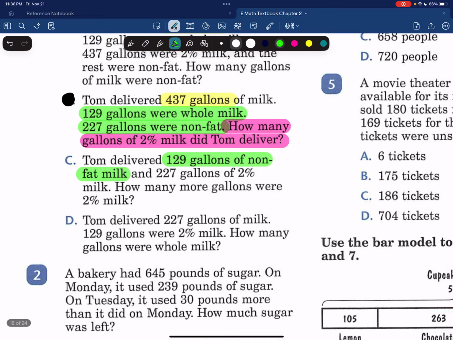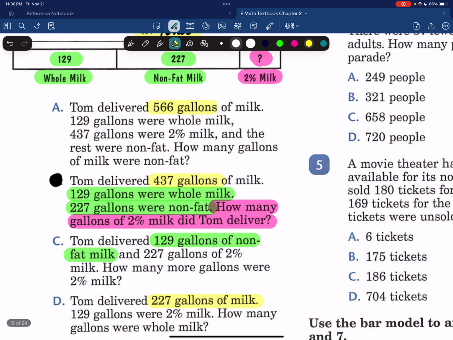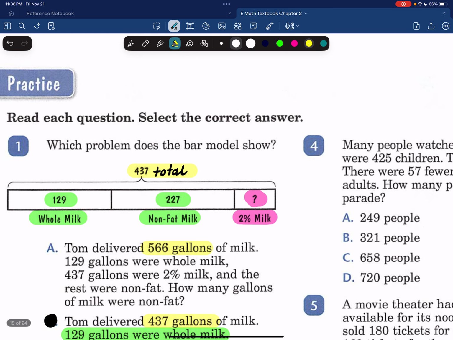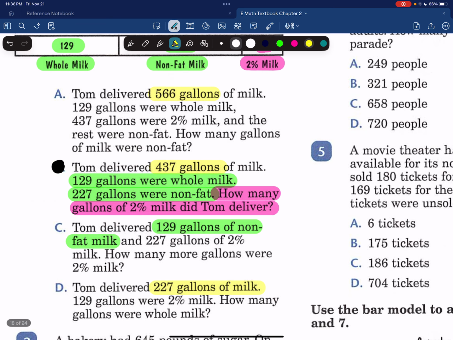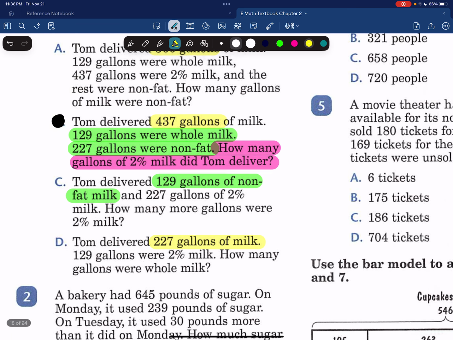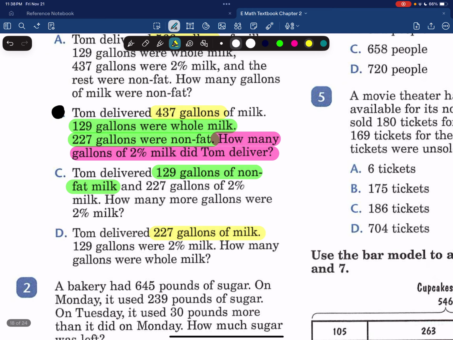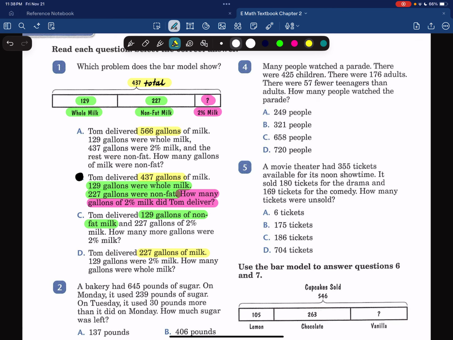Tom delivered 227 gallons of milk. I can stop right there because he delivered 437 gallons of milk. The answer you want is B as in boy. And we didn't have to do any math. That one is just about reading.